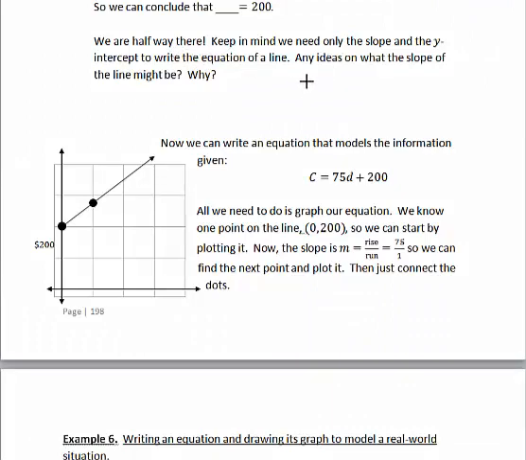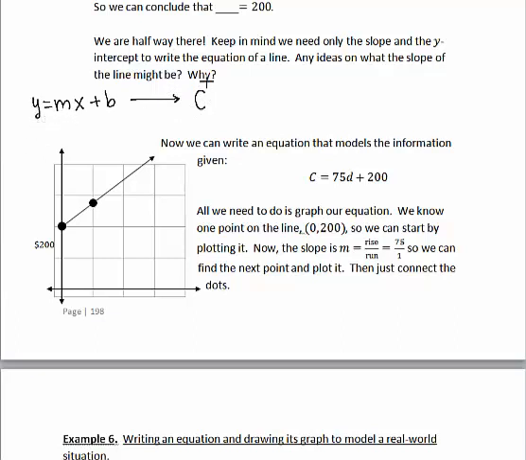What about the slope? What we're trying to do is take the information in the problem and relate it to this linear slope-intercept form of an equation. We've said that y is our dependent variable.